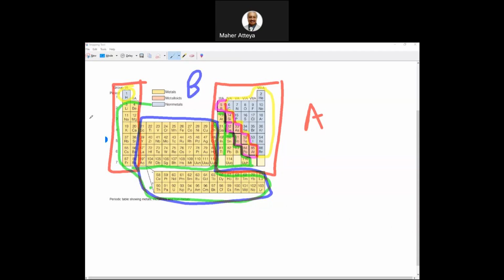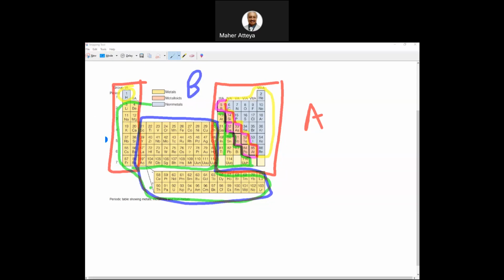The second major difference is compressibility. Compressibility means if I have a metal and try to compress it, what will happen? If I put a lot of pressure on metals, you destroy them, make them useless.